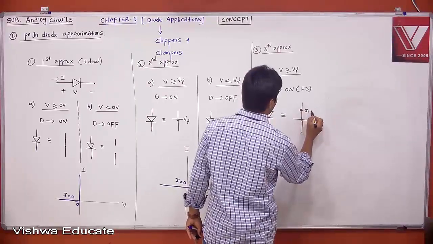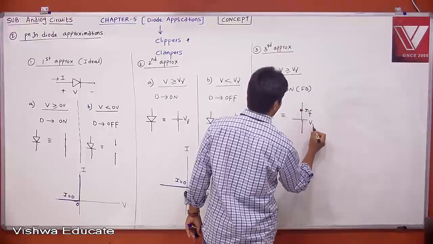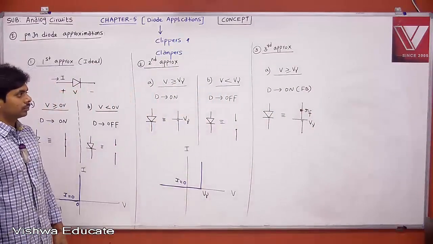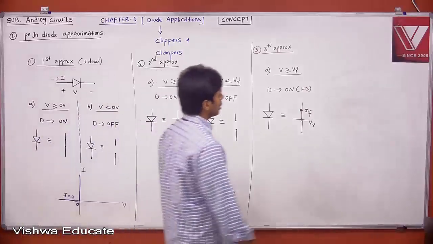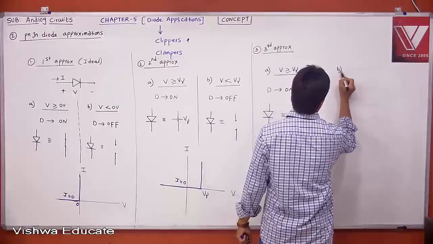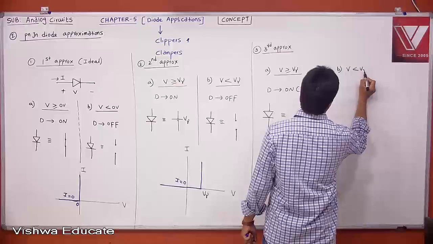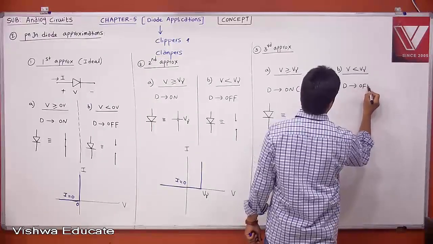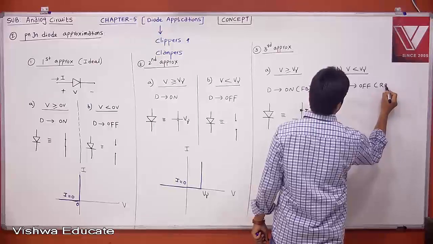This is your on resistance or forward resistance, and this is your V gamma. Okay. Now if you take case B, V less than V gamma, your diode is off. Here also it is taken as off, which is your reverse bias.